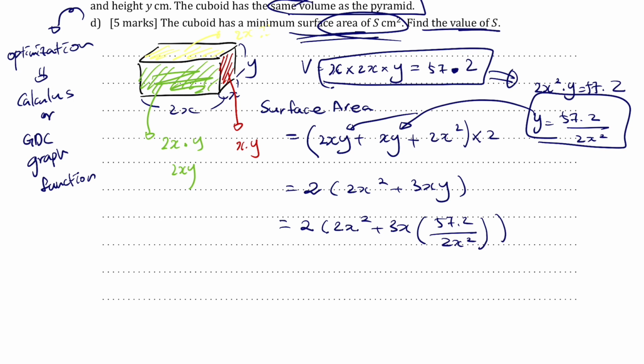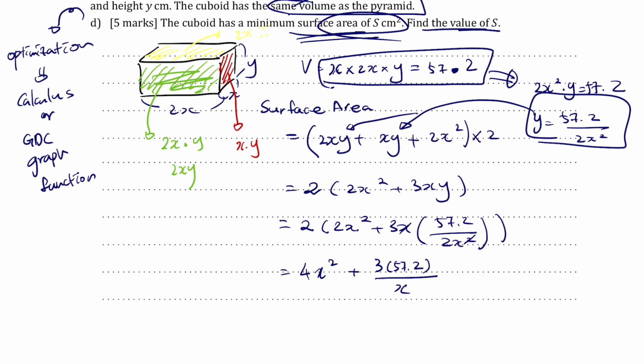This gets simplified into 4x squared plus, the x gets cancelled here and some numbers get simplified, then we get 3 times 57.2 over x.